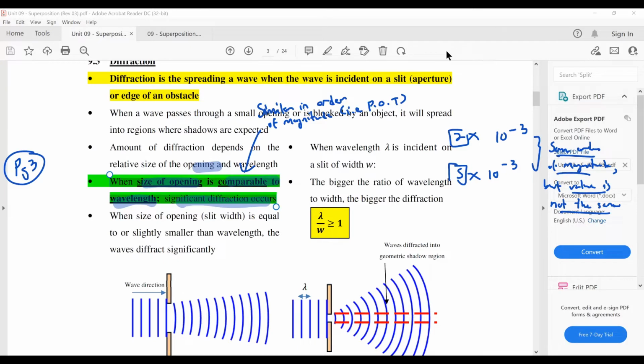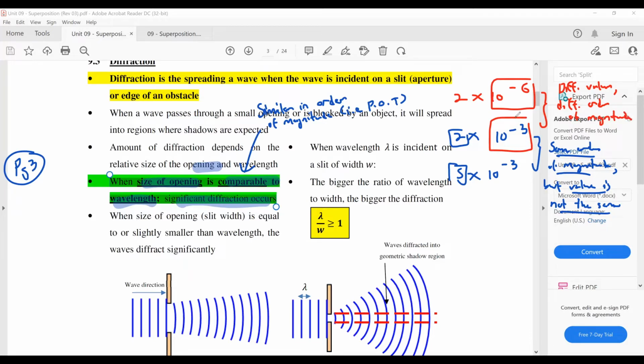Okay, so if I give you 2 times 10 power minus 6, if you just look at the power of 10s alone, this one is a different value, obviously, and also a different order of magnitude.